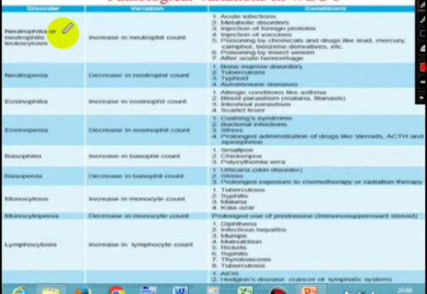Generally, when you have leukophilia or leukopenia, they mean two different things.